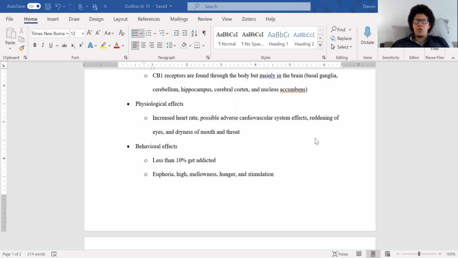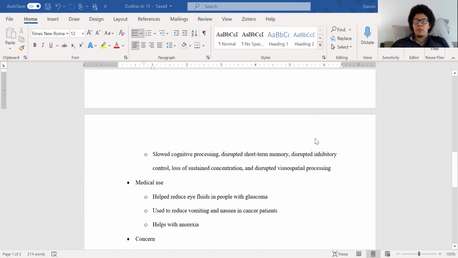Unlike alcohol, where 15% get addicted, and tobacco, where a third of the people get addicted. Then some other behavior effects would be euphoria, you get a high, a mellowness, hunger, and stimulation.